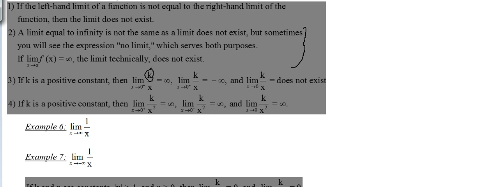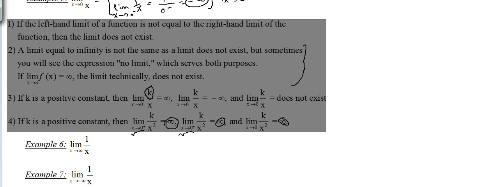While in part 4, we can see, with k considered as a positive value, and over x squared, whether x tends to 0 plus or 0 minus, both give me the same positive infinity. So the limit of k over x squared as x tends to 0, in general, we can say it's infinity.